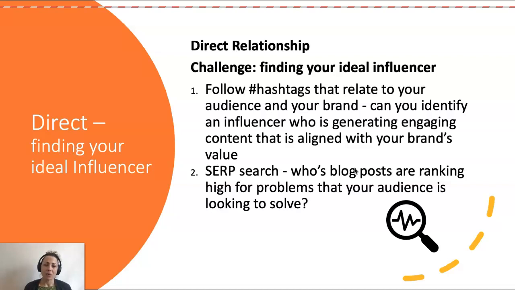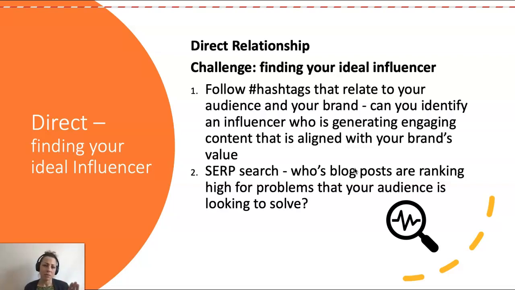Another way to find influencers is to actually start searching Google with keywords that relate to your positive impact project. Put yourself in the shoes of your audience. Think what sort of queries they might type into Google when they're looking to solve the problem that your positive impact project actually solves. So if they were typing in beach cleans in Southsea, is there an influencer who is writing blog posts that are coming up in the search engine result pages, what we call the SERP?